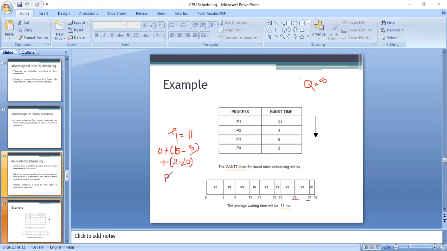P2's waiting time is 5. P2 got the response at the 5th second and completed its execution at once.